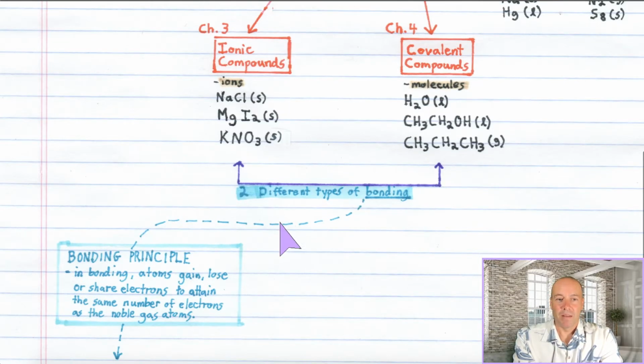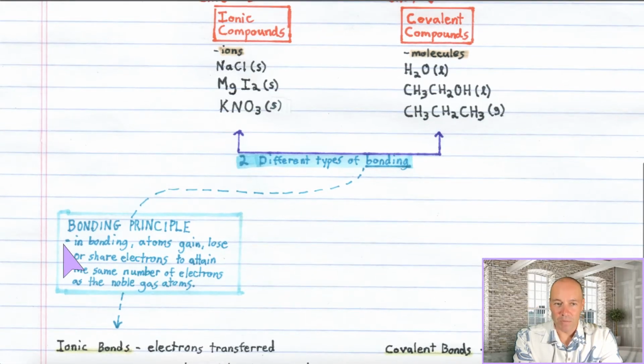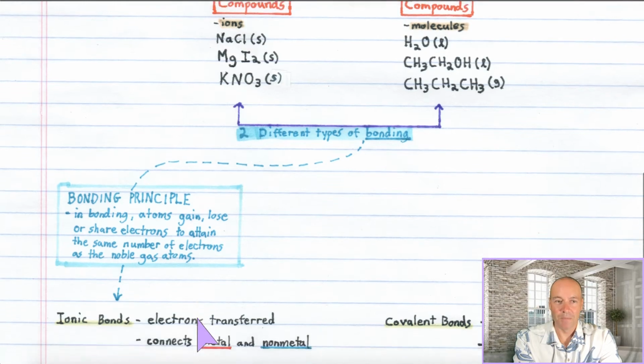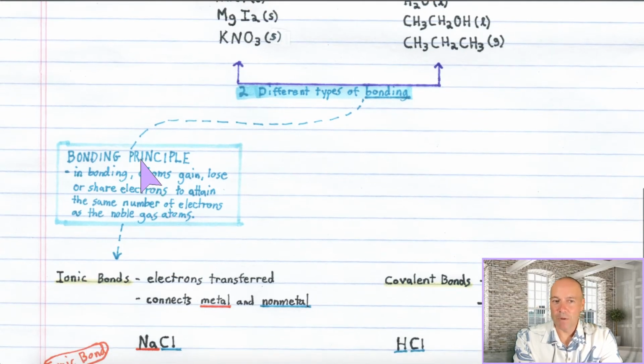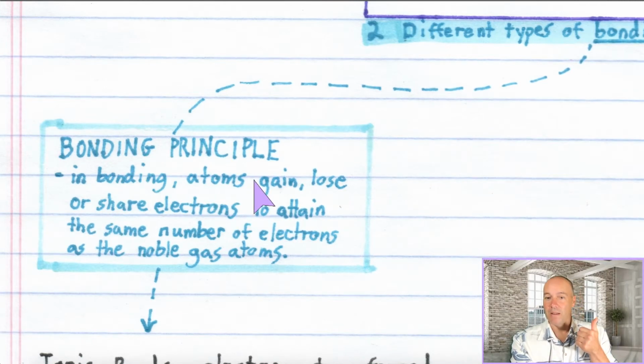Before we do that, let's read through this bonding principle. It'll help us understand what we're about to do. The bonding principle says, in bonding, atoms gain, lose, or share electrons to attain the same number of electrons as the noble gas atoms.